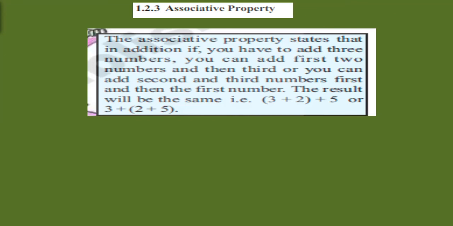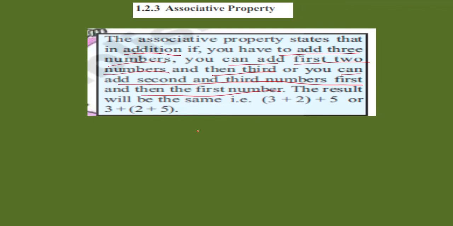What is associative property? The associative property states that in addition, if you have to add three numbers, you can add the first two numbers and then the third, or otherwise you can add the second and third numbers first, then the first number.